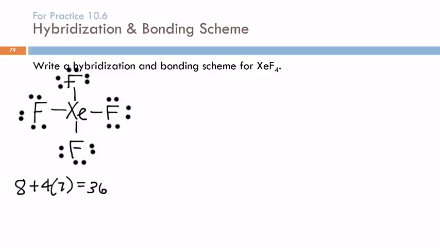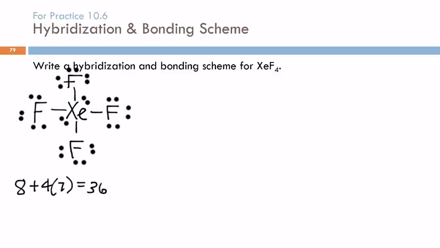I have 4 more electrons. They go on the xenon. Xenon's a big boy. He can expand his octet. So I'll stick 2 there, maybe I'll stick 2 over there. It doesn't matter exactly where you stick them. They're on the xenon. So there's our Lewis structure. Now we ask ourselves, how many electron groups on the central atom?